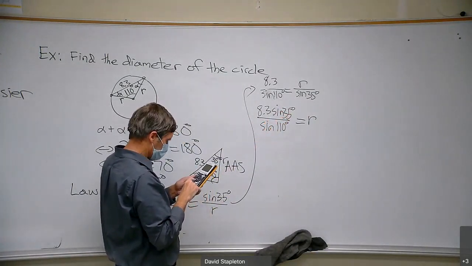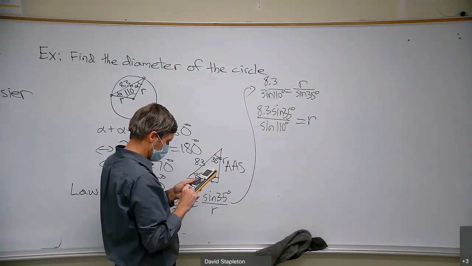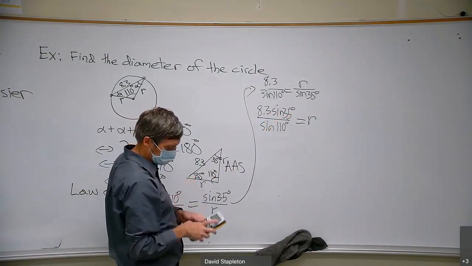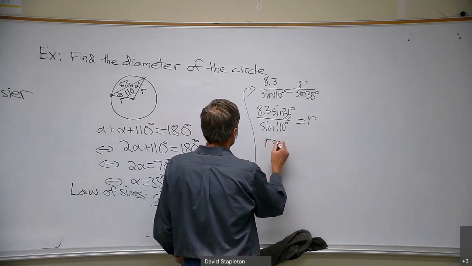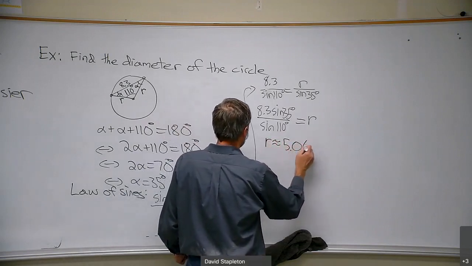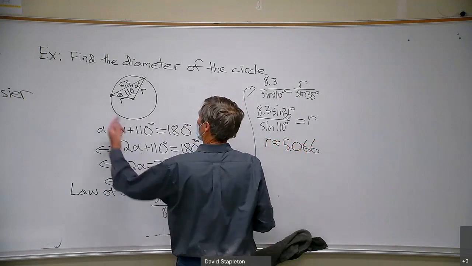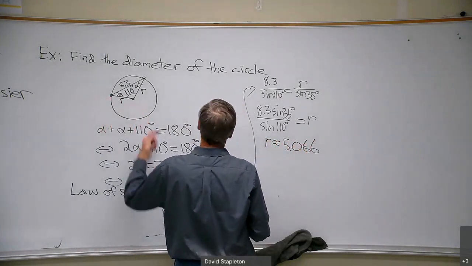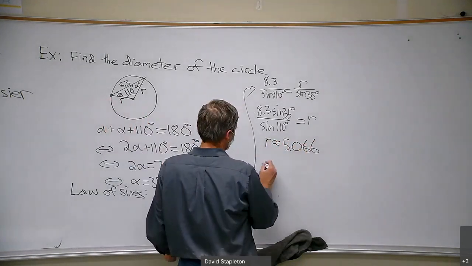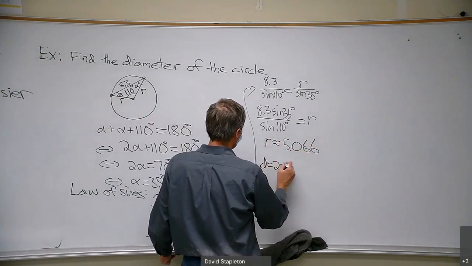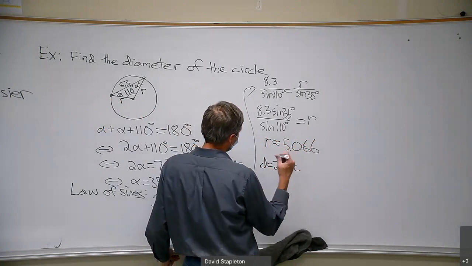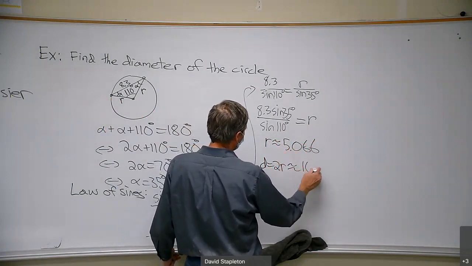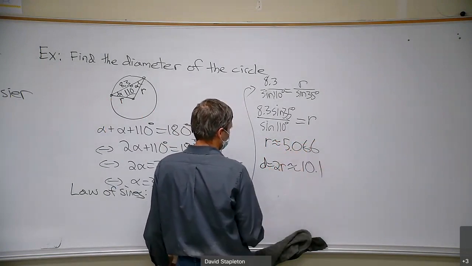Divided by sine 110 equals 5.066 roughly. Rounding off, I wanted the diameter. Remember, the diameter is twice the radius. It's just as clear across. So the diameter is 2r, approximately, to 1 decimal point, which is what the example asked, 10.1, right? Double this and it rounds to 10.1.